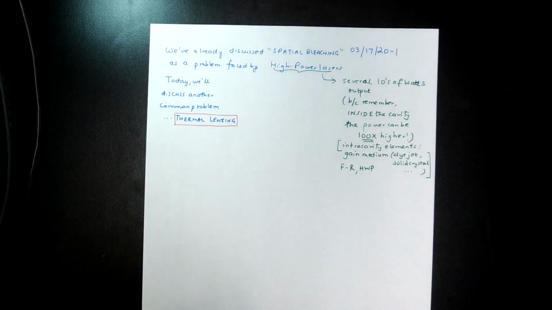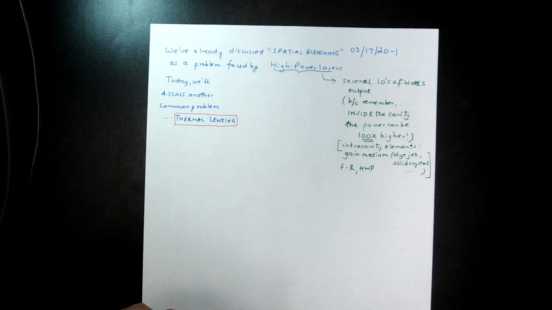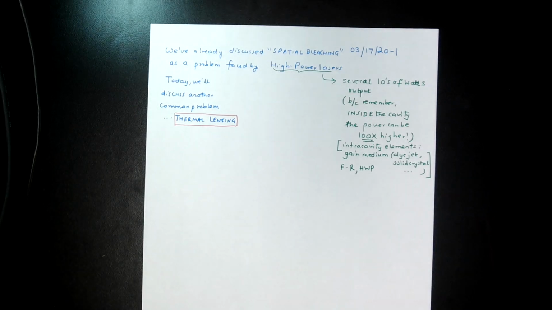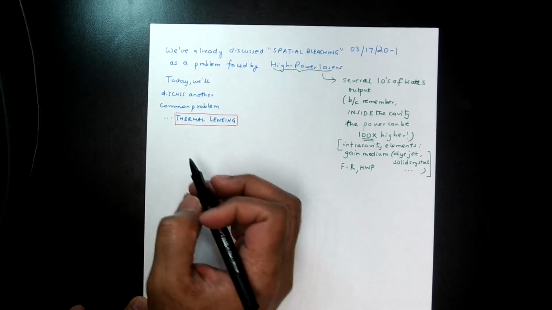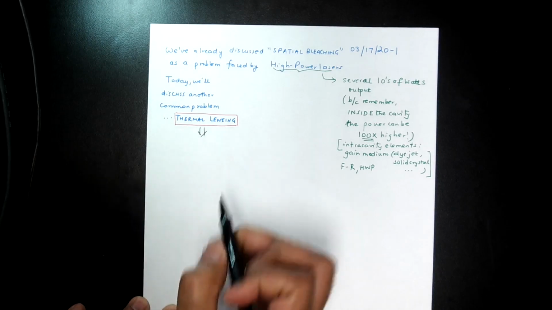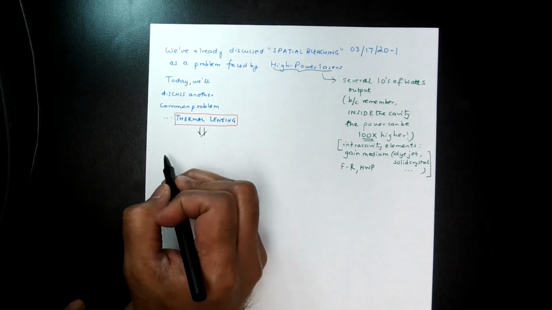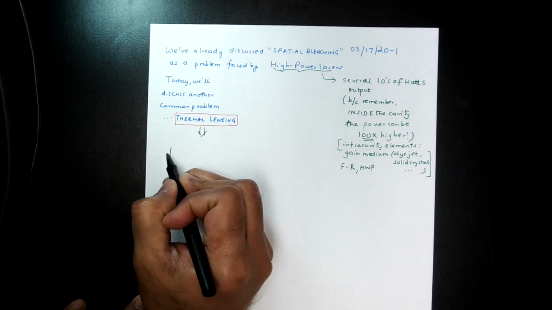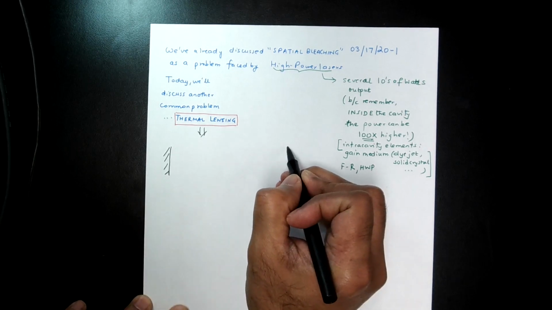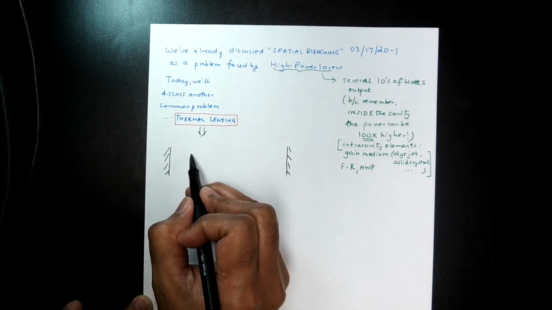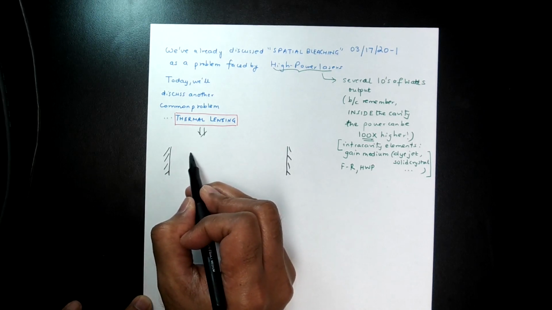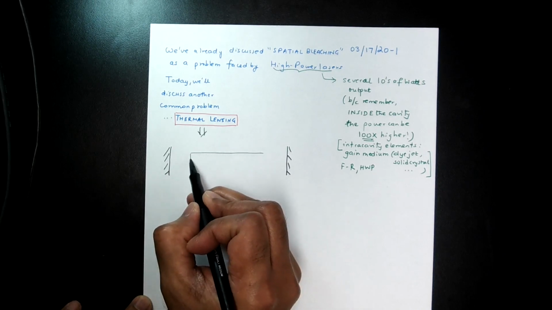Well, thermal lensing is something that is a problem. And what is thermal lensing? Well, as you would imagine, so let's talk about thermal lensing. Well, so here's your cavity, right, the mirror, and inside you have, let's say, a gain medium, right, and let me just indicate it like this.